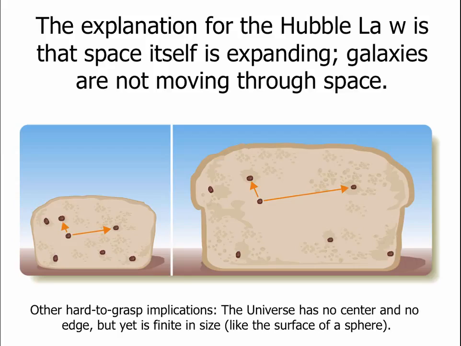The galaxies don't grow in size because the gravity of a galaxy holds it together, just like the stickiness of a raisin holds it together. So as the dough around it stretches, the raisin doesn't get pulled apart. Same thing happens with galaxies. As space expands, gravity keeps a galaxy the same size and doesn't allow the galaxy to expand.